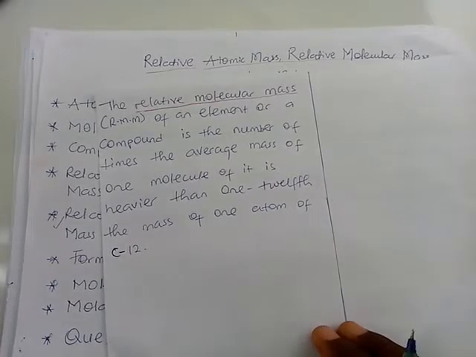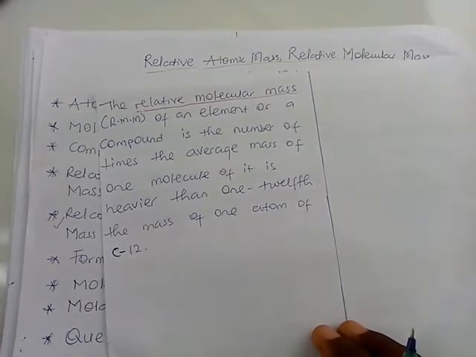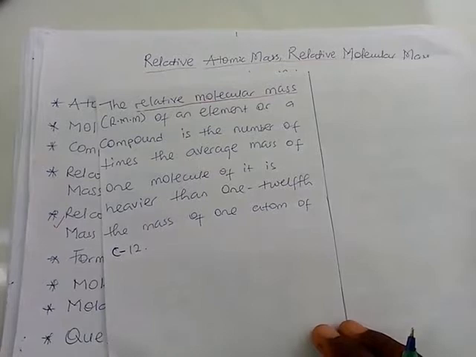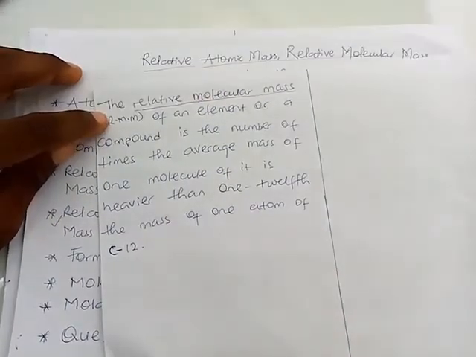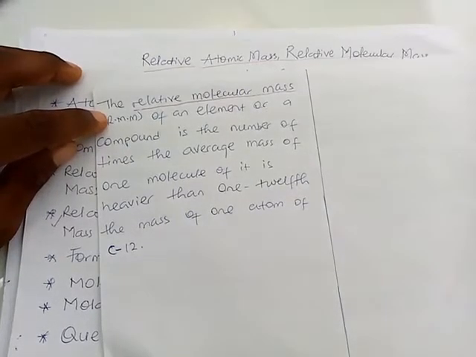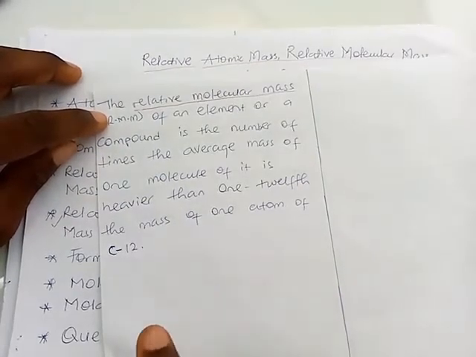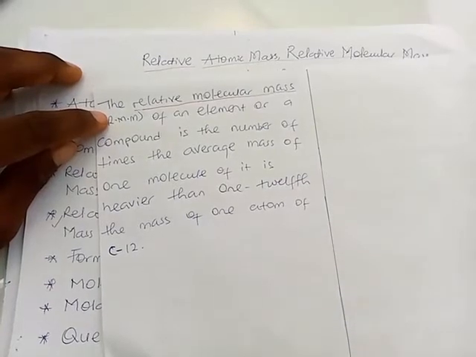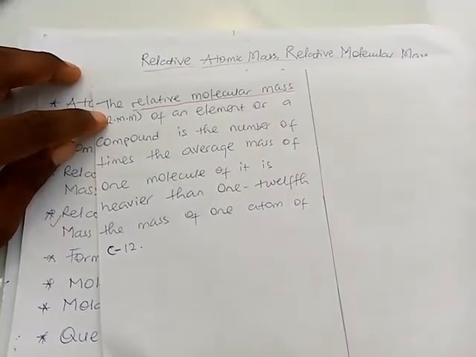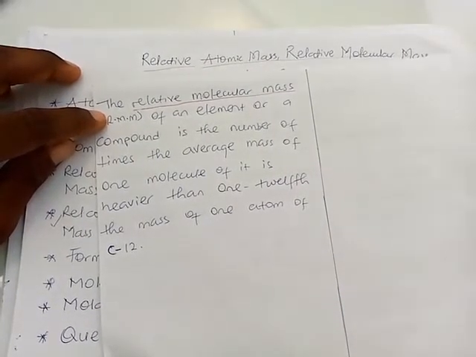So the relative molecular mass is the sum of the relative atomic masses of all the atoms in one molecule of that substance. I hope we get that. I'm just trying to add more to this definition. It is the sum of the relative atomic masses of all the atoms in one molecule of that substance.